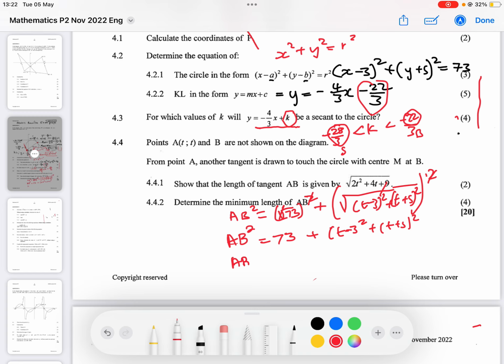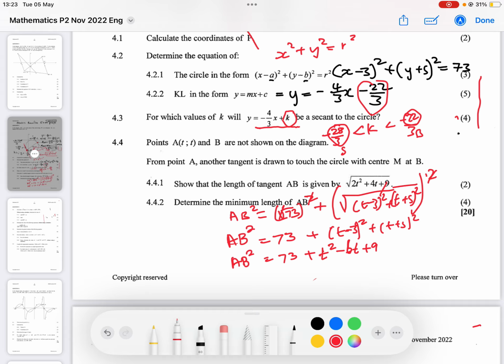Let me solve. AB squared is equal to 73 plus... Now solve this. I first square the t: t squared, then t times negative 3 times 2 will be minus 6t. Then I square negative 3 inside the bracket, which is positive 9.